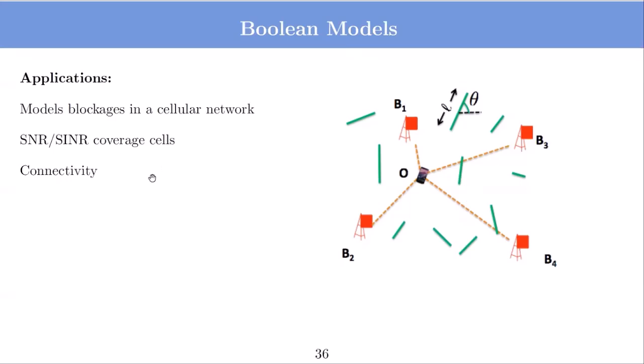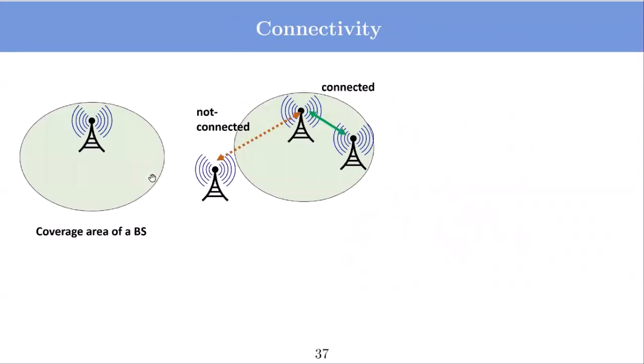These base stations are randomly deployed, and each base station has a region around it which defines its coverage or its cell. You can also use Boolean models to show connectivity, which you will see later on. Suppose this is the coverage area of one base station and this is another.